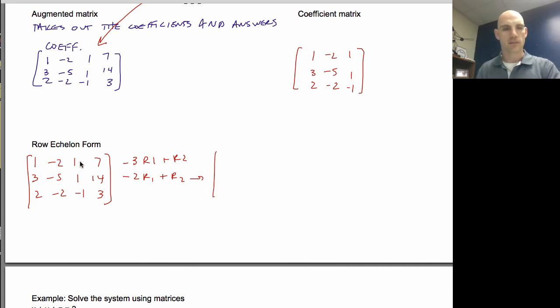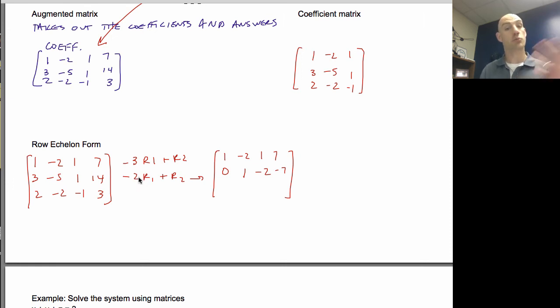First one: leave row 1, because we didn't do anything to it. When I do -3 row 1 and add it to row 2, I end up with a 0 here. -3 times -2 would be 6, plus -5 would be 1. -3 times 1 plus 1 would be -2. And -3 times 7 would be -21, plus 14 would be -7.